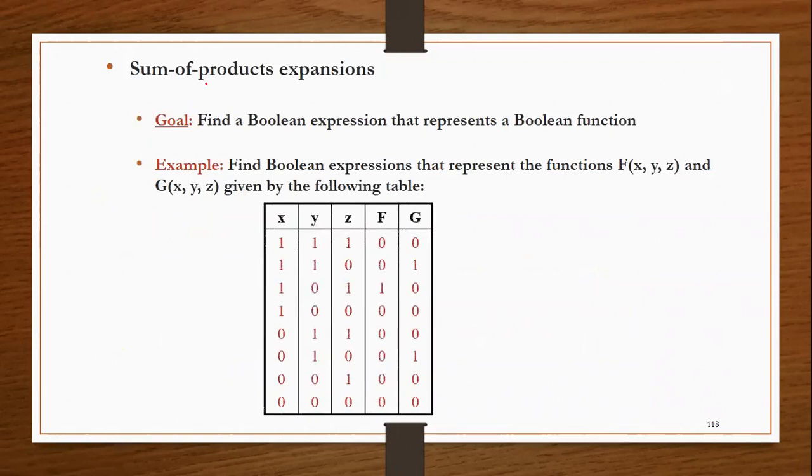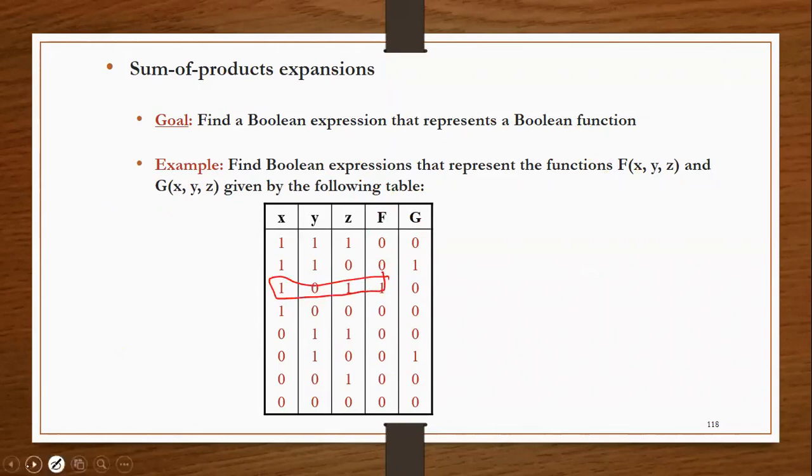Now, the sum of products expansion: find a Boolean expression that represents a Boolean function, given f of xyz and g of xyz. So here we have been given two functions f and g, and I want a Boolean expression that represents f and g. So for f, if you see, the only value 1 is at this row.